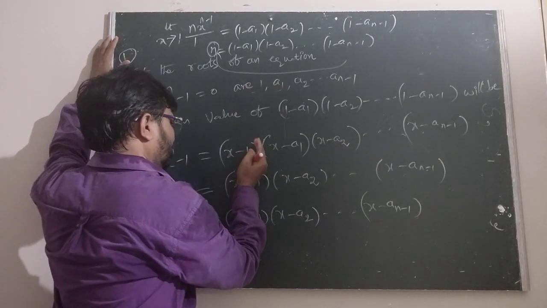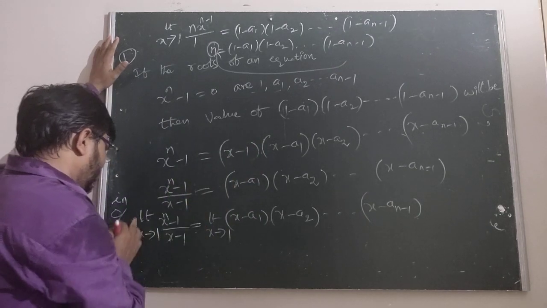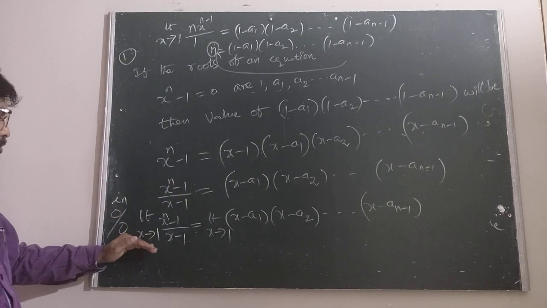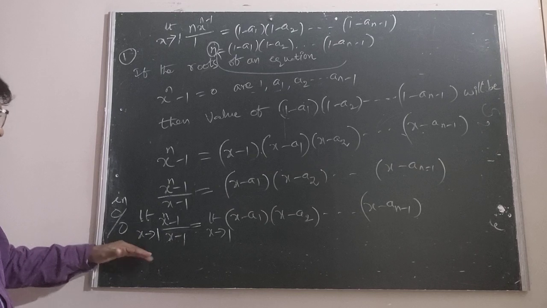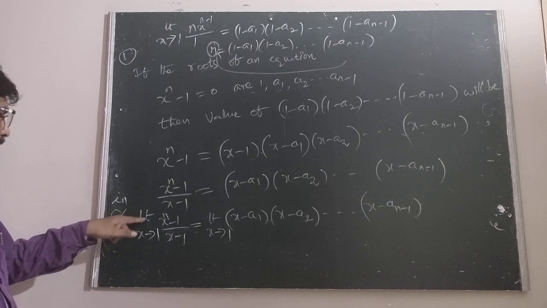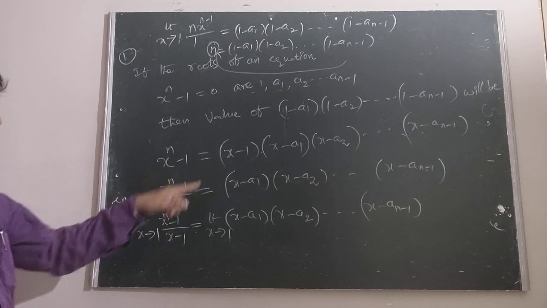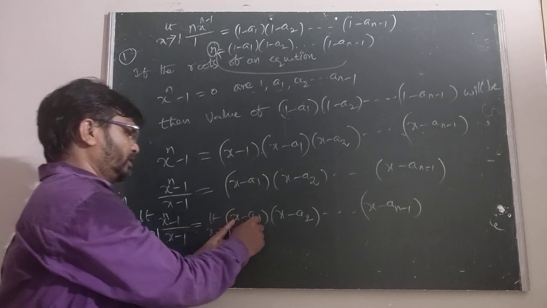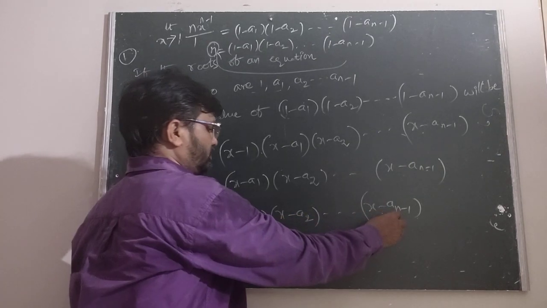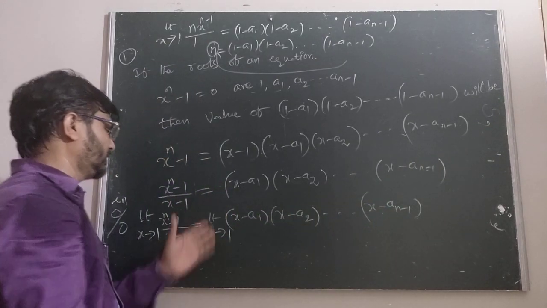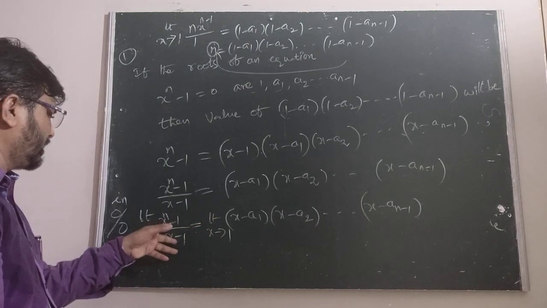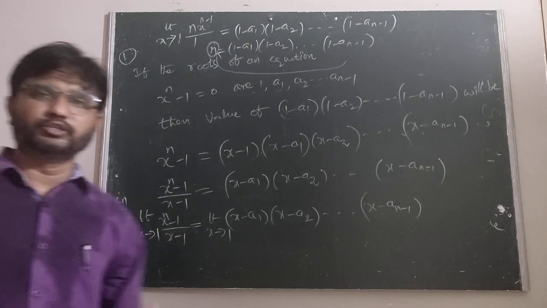After that, we can send the first term to the other side and apply the limit at x tends to 1, because the expression is (1 minus a1)(1 minus a2) and so on. That's why we are taking the limit at x tends to 1, because it is in the form of 0 by 0.